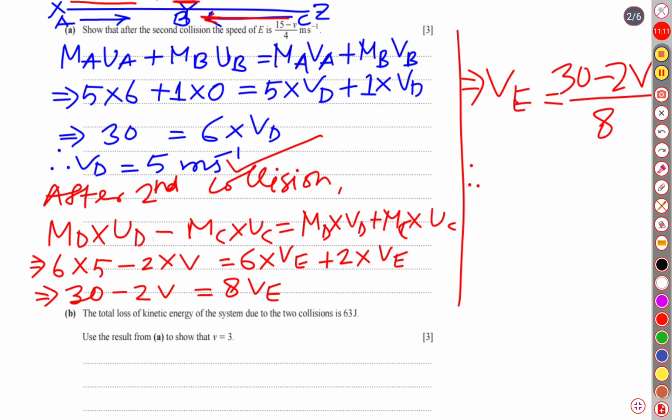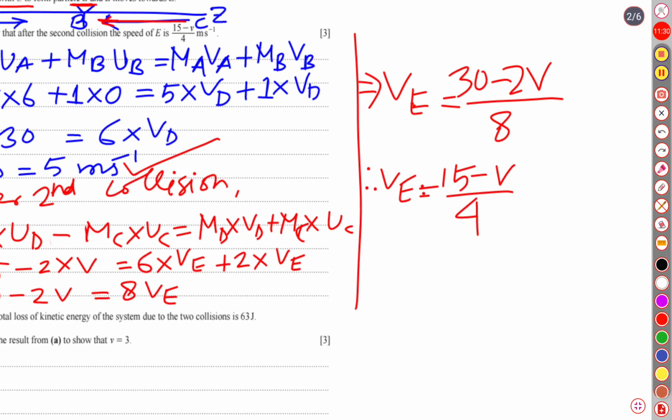Hence, our velocity of particle E after the second collision, if we cancel out every quantity by 2, is going to be (15 minus v) over 4 meter per second.